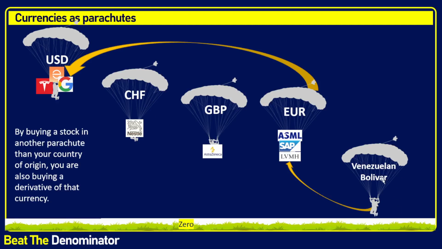So clearly, if you had Venezuelan bolivar, buying any stock here would make a lot of sense, because you want to get exposure to these more stable currencies. But I would argue, and I know a lot of the investors on the channel are either in the UK or in Europe, I would argue that it's a positive swap, right? It's a positive thing when you buy a stock in the USA and living in Europe.